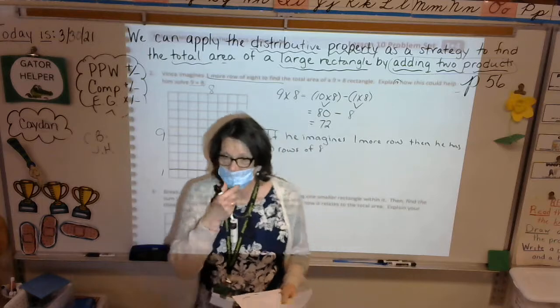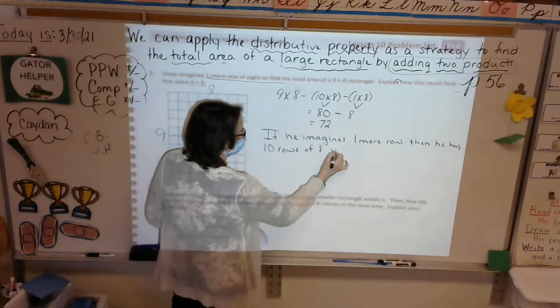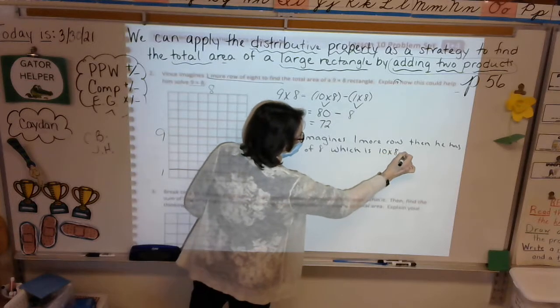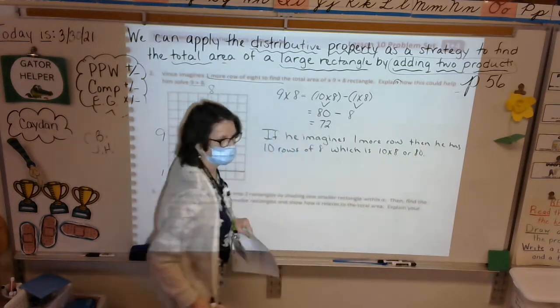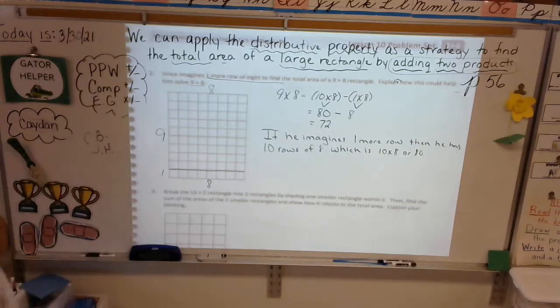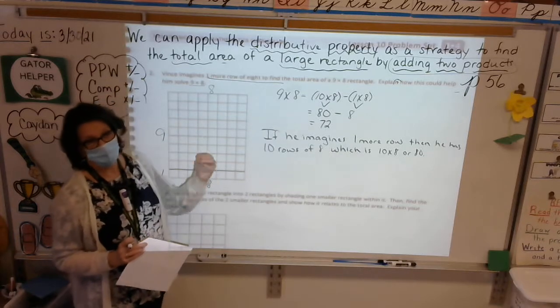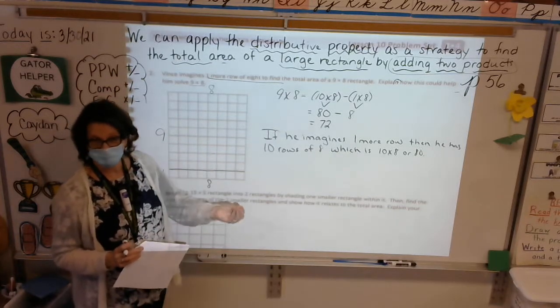And what is 10 rows of 8, boys and girls? 10 rows of 8 is, okay, so he has 10 rows of 8, but he really only wants 9 rows of 8, so what did he do next?